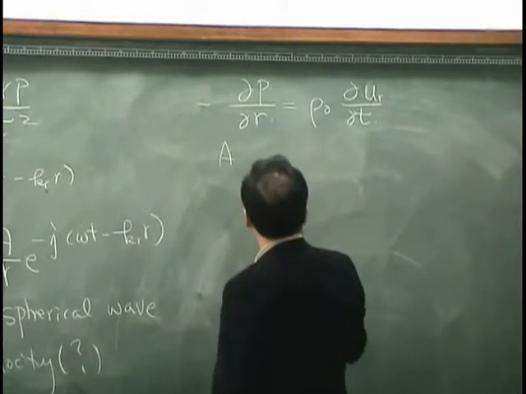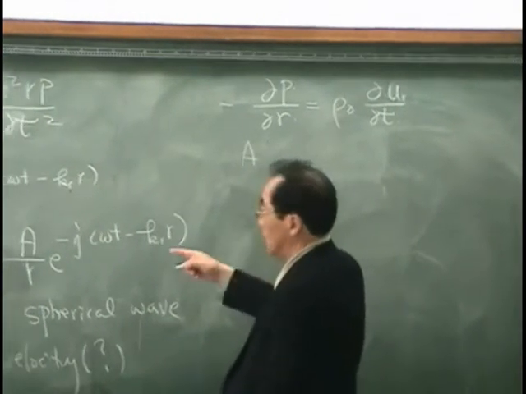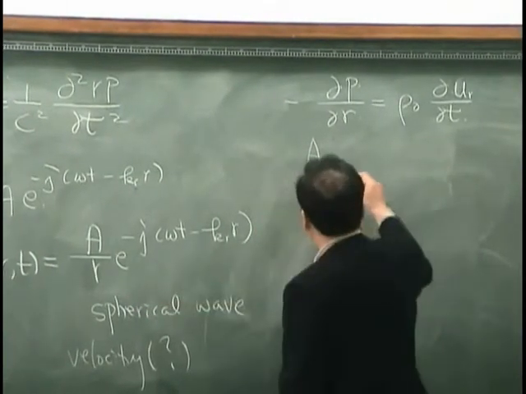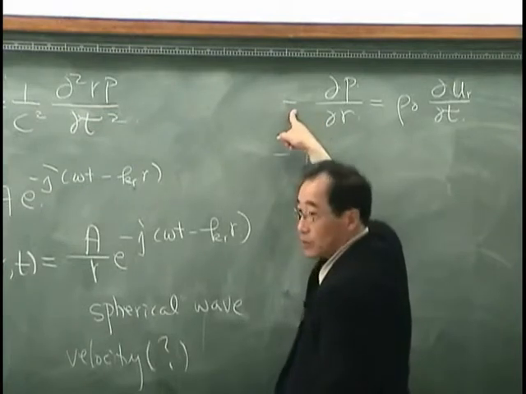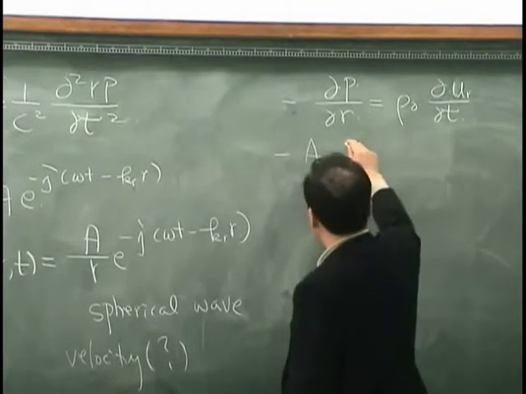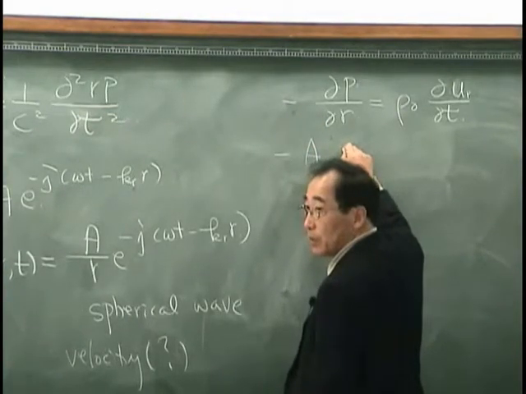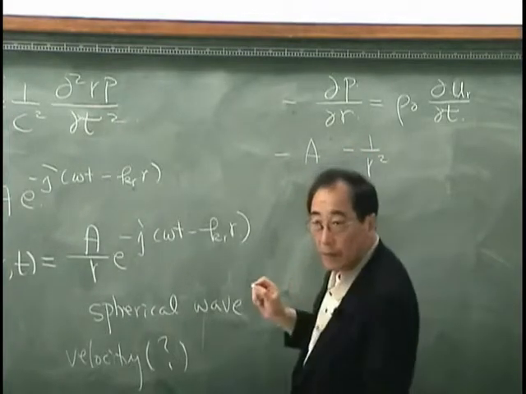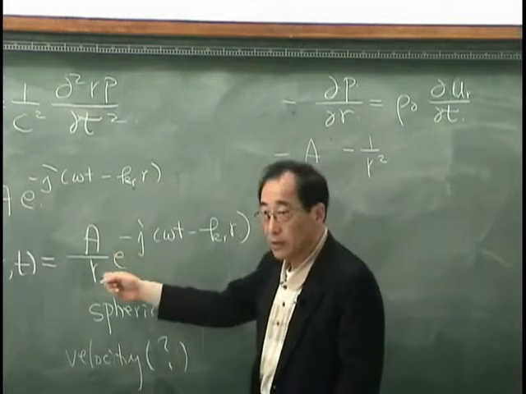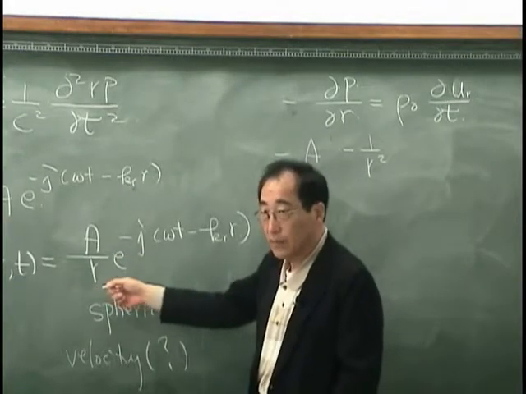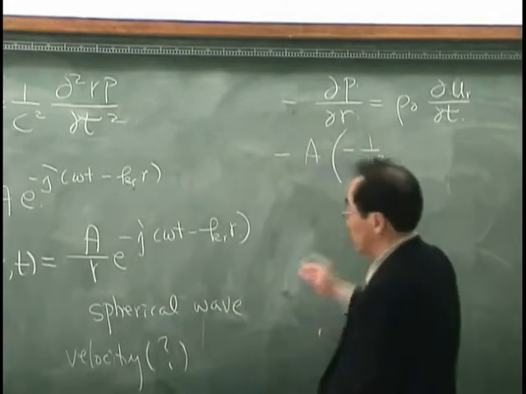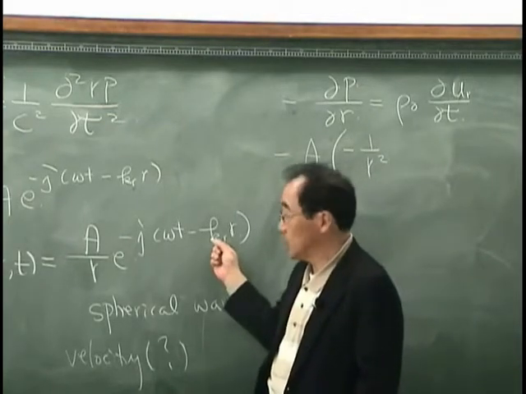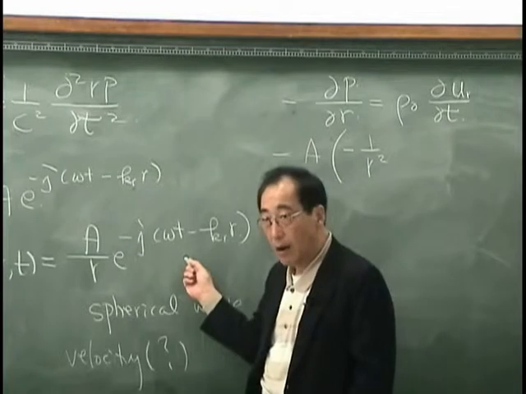So I'm differentiating 1 over r, and I have a minus over here. Differentiating 1 over r will give me minus 1 over r squared. Okay, that is induced by this term. Then I have to differentiate this with respect to r.